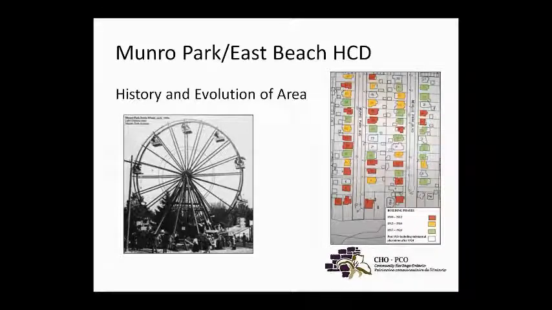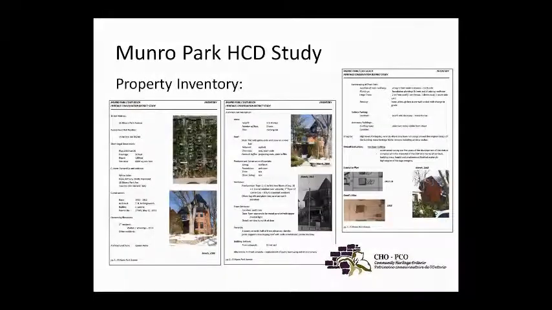So the Munro Park East Beach area is an area south of Queen Street in the City of Toronto. If you're familiar with the City of Toronto, it's just west of the R.C. Harris filtration plant. And it was an amusement park up until around 1905. The whole area was an amusement park at the end of a streetcar line.